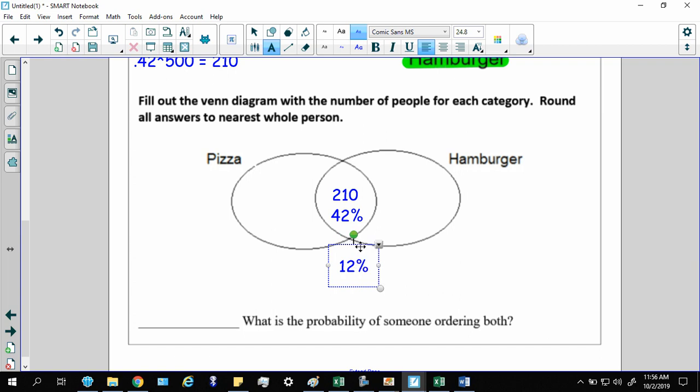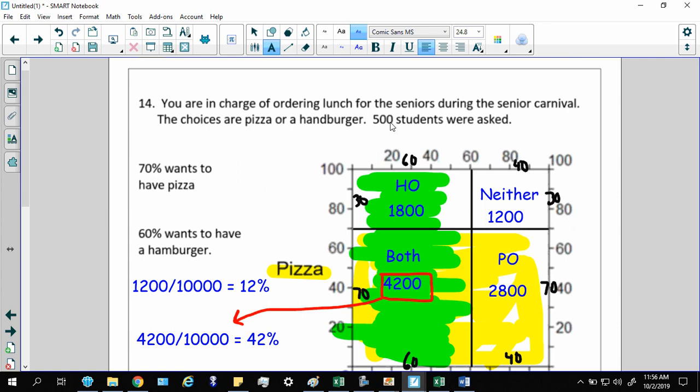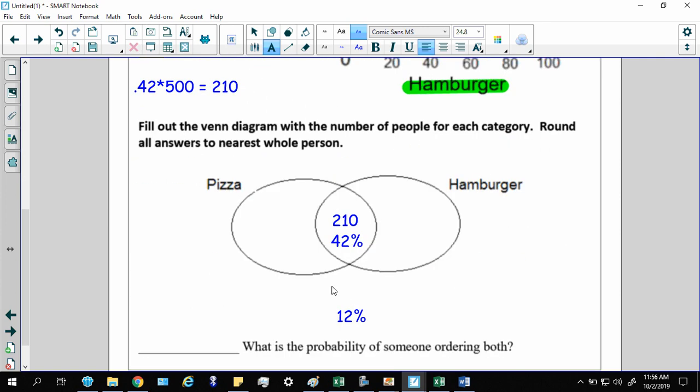We'll put this down here. But again, 12% of 500. So I'm going to say off to the side here, 12%, which is 0.12, times 500. I do the math, that ends up with 60. So my answer ends up being 60.